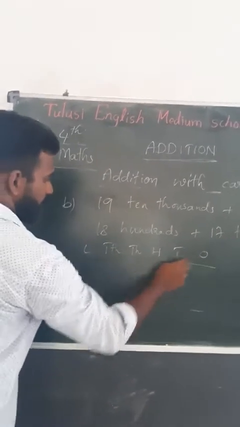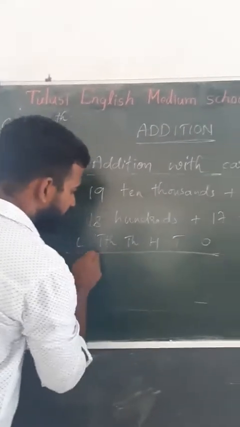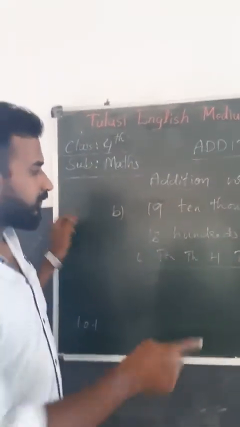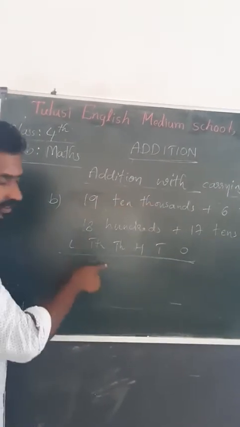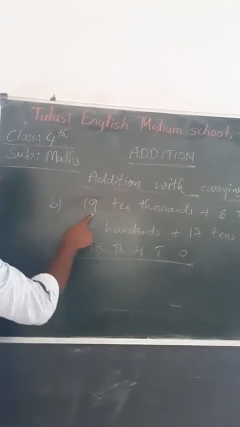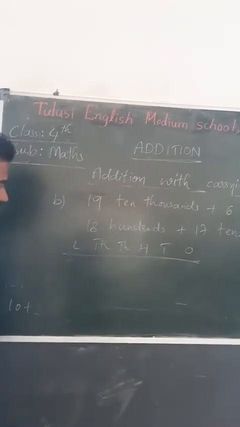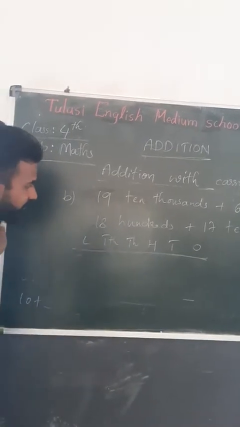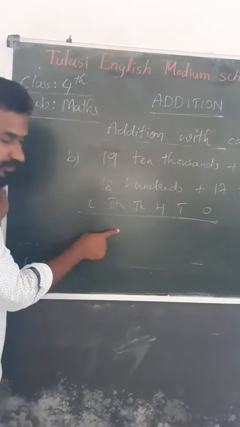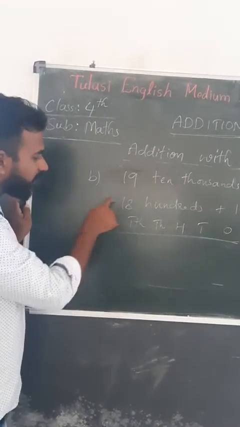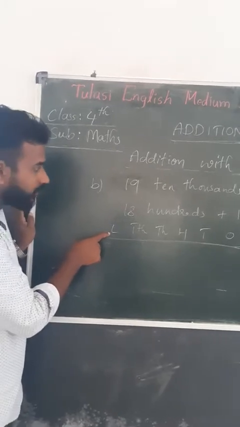lakh. Why am I writing these names of the places? So that you can easily place the digits in the right places. 19 ten thousands, so it is the 10,000 place. Maximum we can write up to 9. If it is more than 9, we have to take carry 1 to the lakhs place.